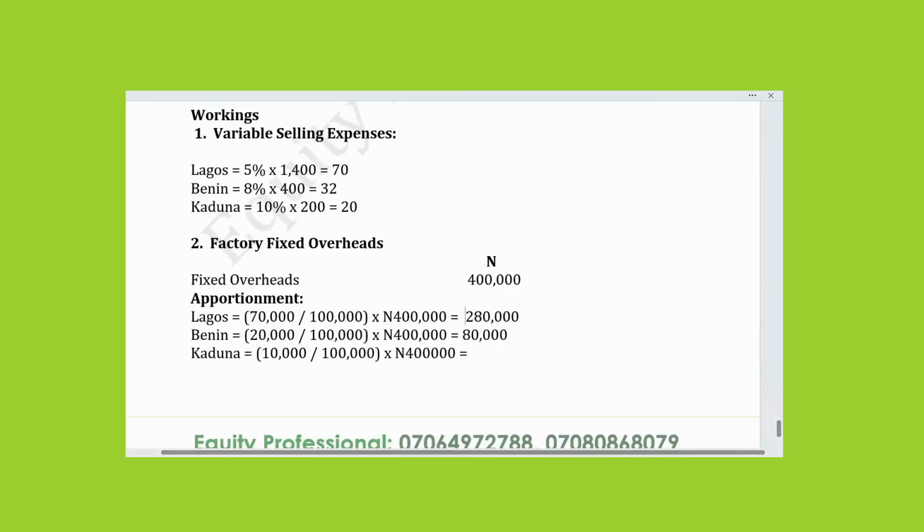And that's what we have done so far. So Kaduna is 40,000. So when you add everything together, it will make up the 400,000. So that is that. Let me underline this one.